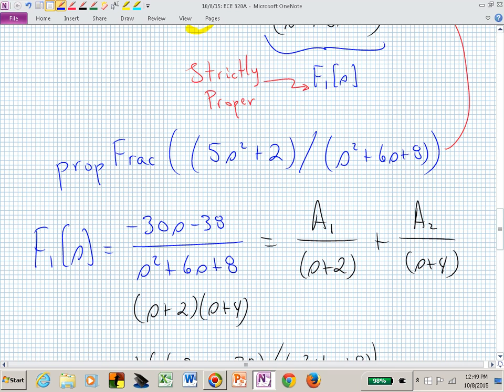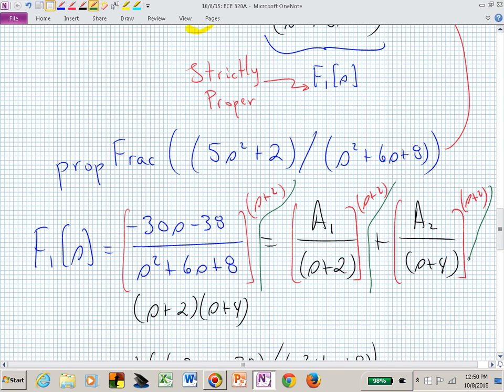Is that making sense? I'm now saying take this, and take this, multiply by s plus 2, s plus 2, and s plus 2. And if I now evaluate that, boy, this is getting kind of messy, but at s equal minus 2, s equal minus 2, s equal minus 2, do you see what falls out?